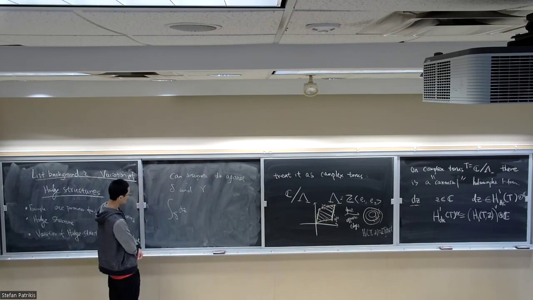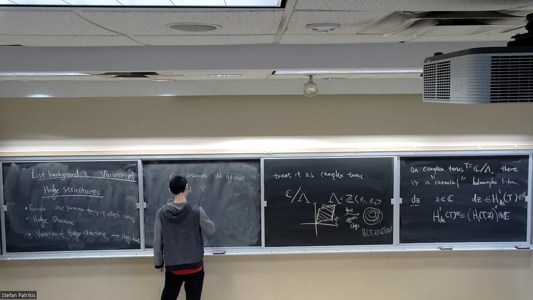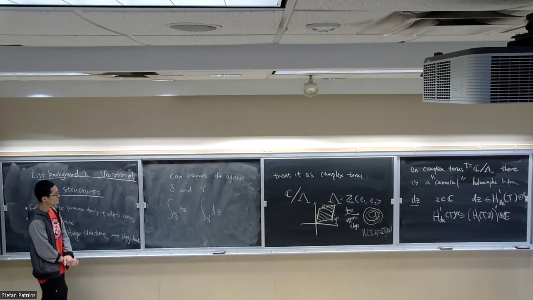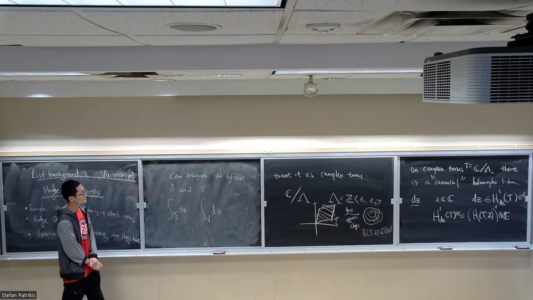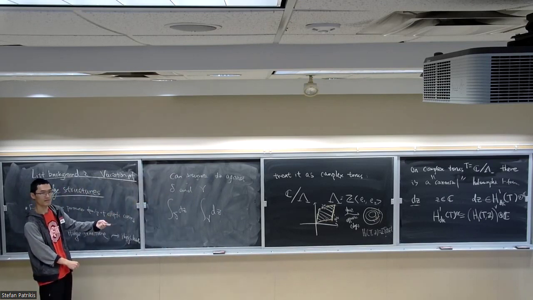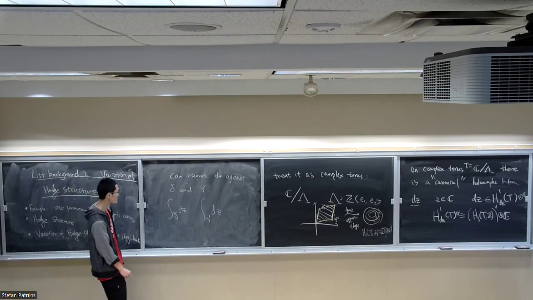This is one complex number, and this is another complex number. So we get two complex numbers, but really what matters is the ratio of these.